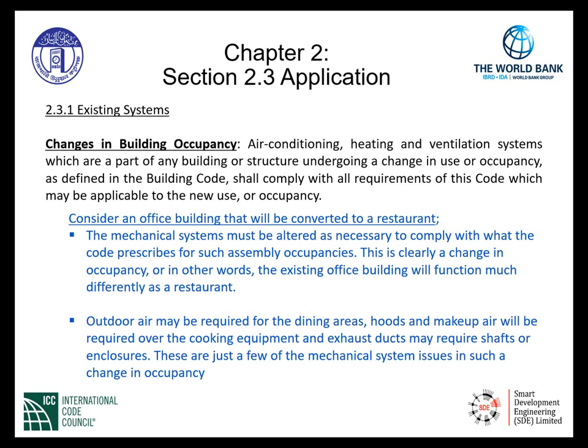Outdoor air may be required for the dining areas. Hoods and makeup air will be required over the cooking equipment. And exhaust ducts may require shafts or enclosures that must be compliant with the building code requirements. These are just a few of the mechanical system issues in such a change in occupancy.